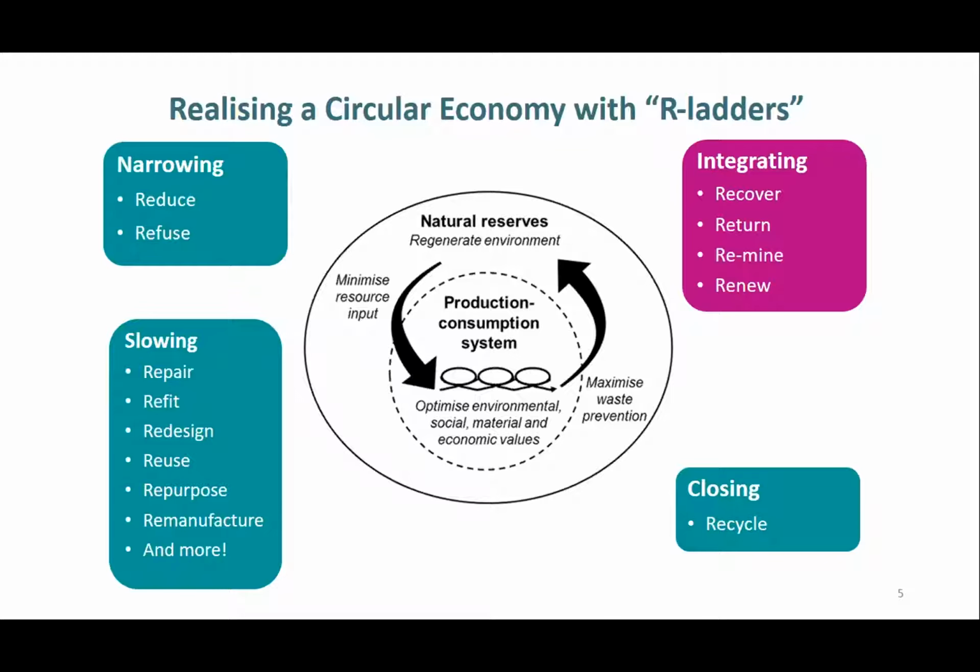So basically that is about extending the amount of time between the moment of production and the moment that something goes to waste. And there's a number of strategies that can be used for that, such as the repair or reusing components and products, or repurposing them for another function, or remanufacturing. And there's a lot more strategies that can be used here.